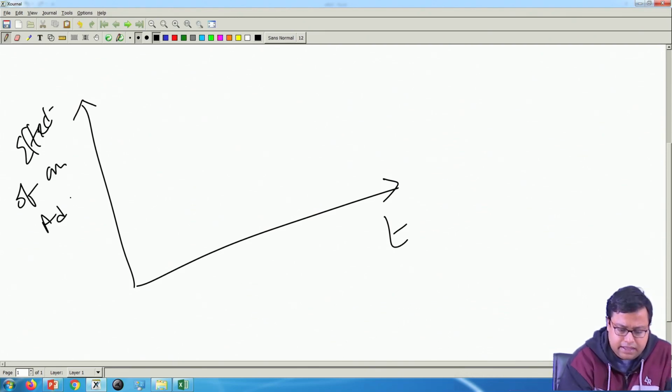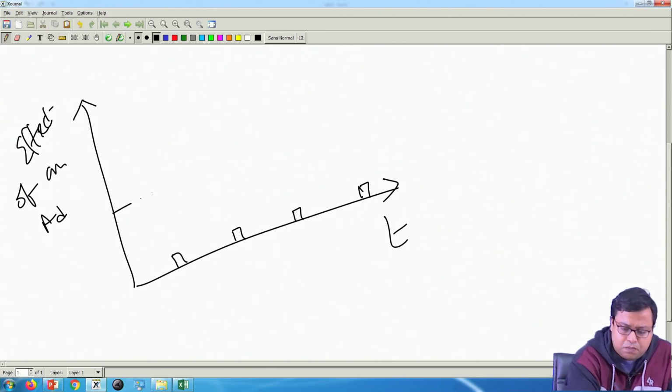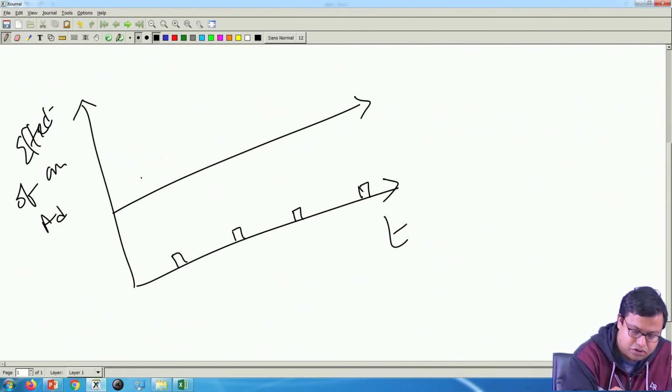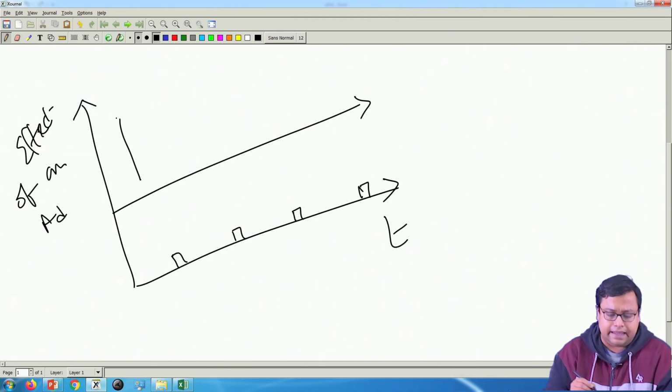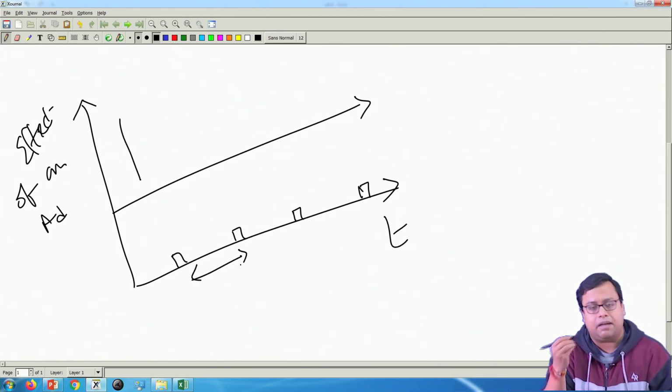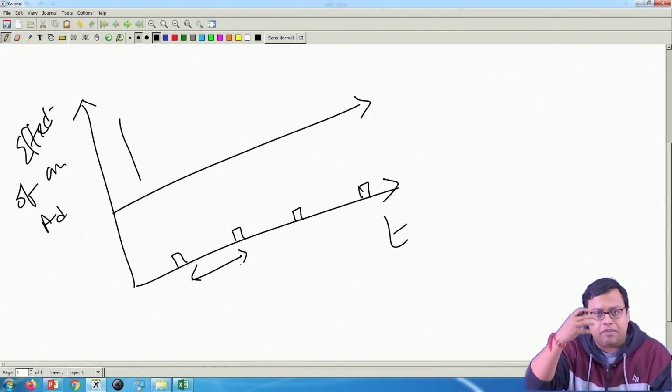let us say you give advertisements here, here, here and here. The corresponding sales, or the effect of the advertisement, will first shoot up, and then in the period when you have not given any advertisement, people still remember you, but slowly that memory comes down. Memory decays.